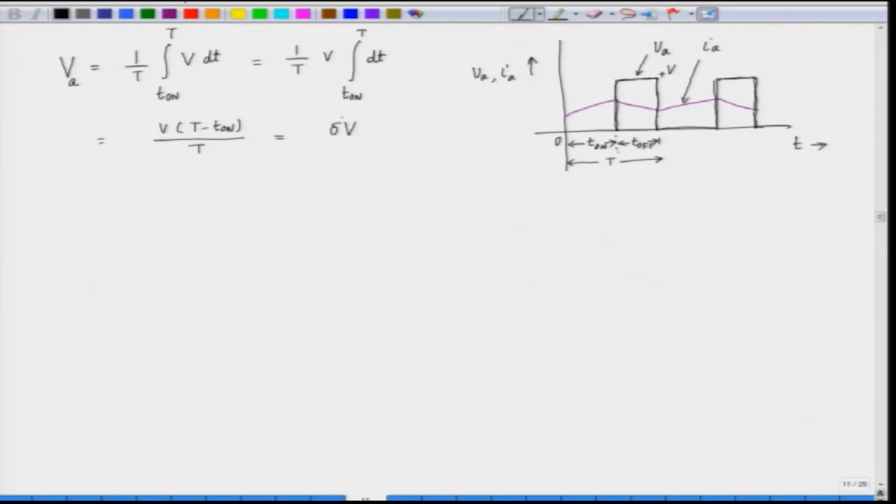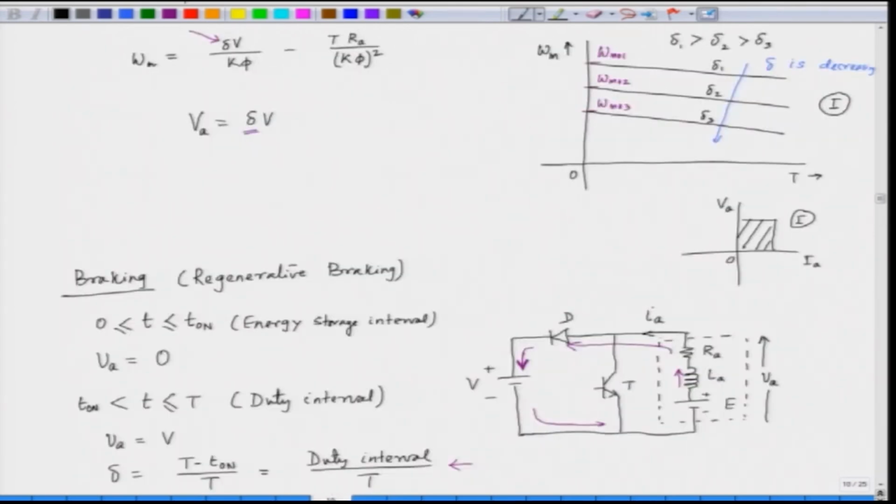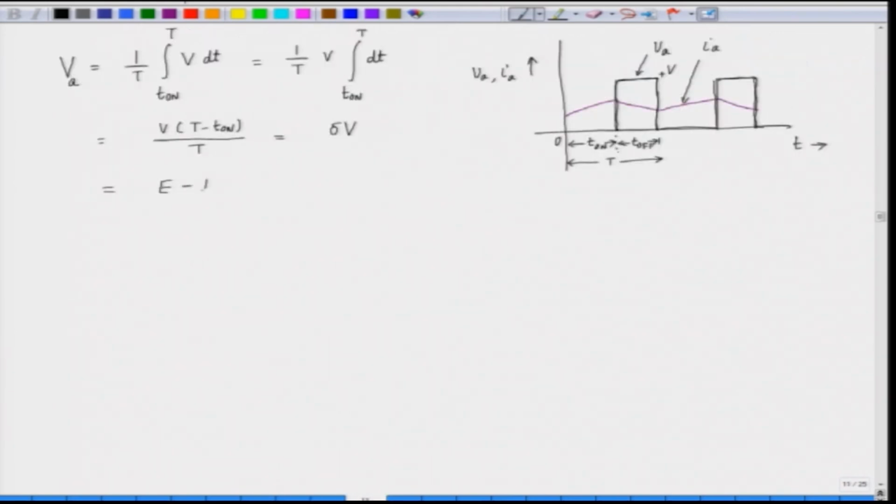Now, we can write down the full equation. If you see this particular circuit, the average voltage is V A. So, we can write the equation E minus I A R A is equal to delta V. Let us find out the torque speed characteristic here.